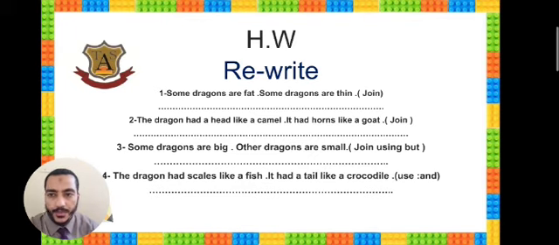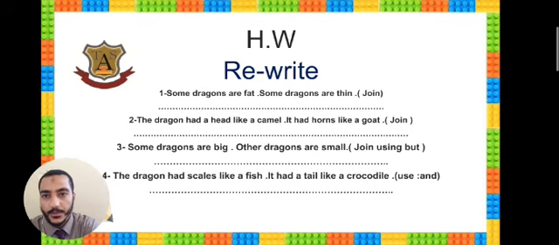Some dragons are big, other dragons are small. Here, use but. The dragon had scales like a fish. It had a tail like a crocodile. Use and to answer this question.